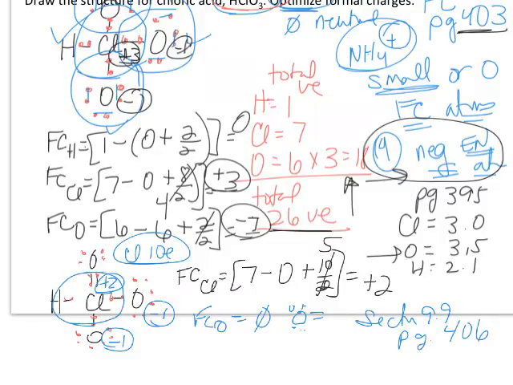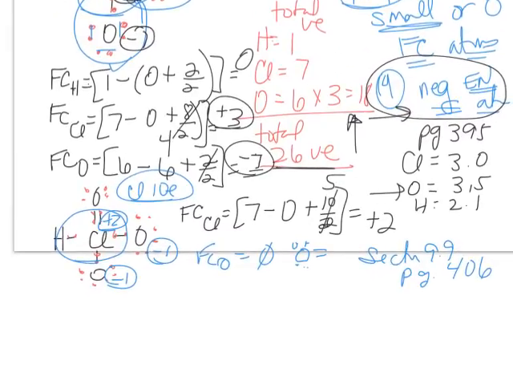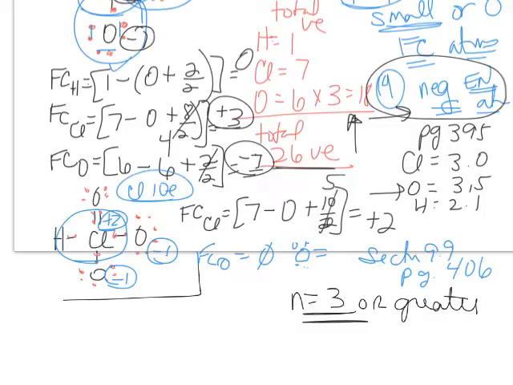And basically any elements in n equals 3 or greater can actually have a higher octet number. So in that case, you can optimize the formal charges a little bit more here. Would that really happen? Quite possibly, I'm not sure.